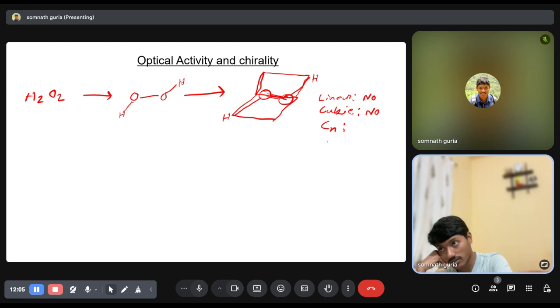How can you find it? Here is the axis we are talking about. Now I check.